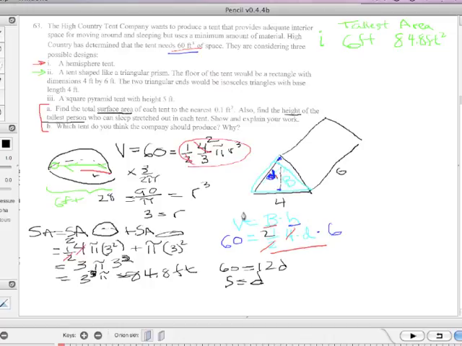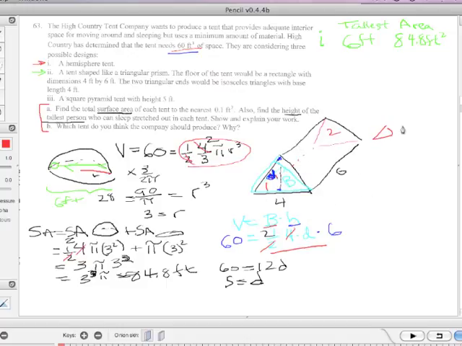Now we can get the surface area, which would be 2 triangles, right? We have face 1, triangle 1, and we have another one back here that we can't see. So those 2 triangles, and then these 3 faces: the bottom, this side, and the other side. So first the 2 triangles.